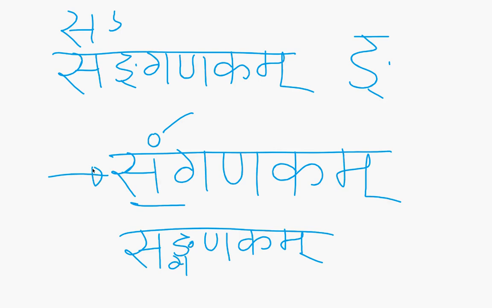The only thing is we are not writing Anuswara, because the pronunciation is not Anuswara here. In Hindi it may be okay because this dot represents Nga there. But in Sanskritam we have to be accurate to write how it is pronounced. We are not pronouncing Anuswara here.